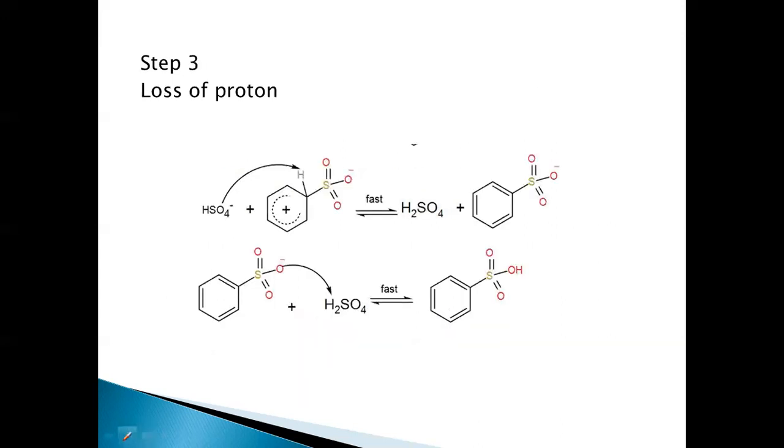And the third step is the loss of the proton. So the proton is lost, thereby aromaticity is also regenerated here. And then reprotonation of this oxygen atom can occur, resulting in the formation of this product, benzene sulfonic acid.